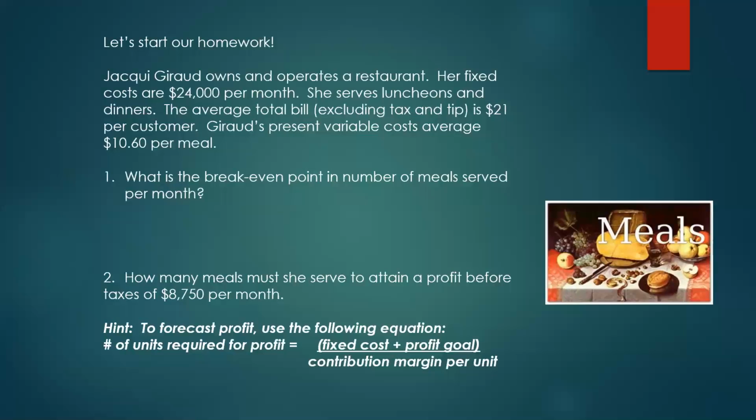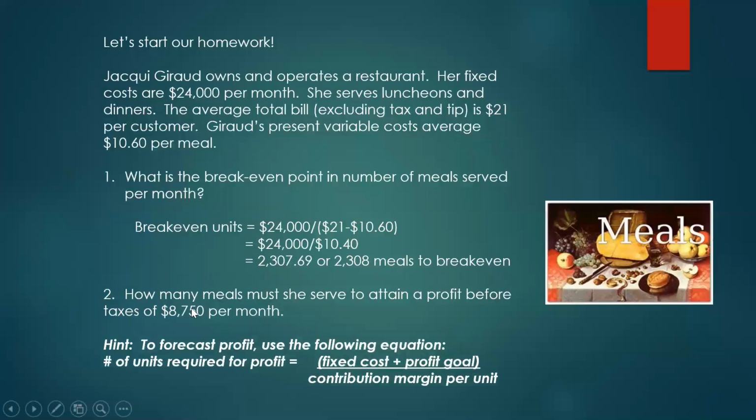Her average bill, excluding tax and tip, is $21 per customer. This is the bill that she presents to the customer, which would be basically her revenue per customer, $21. And her present variable costs average $10.60 a meal. So what is the break-even point in numbers of meals served per month?